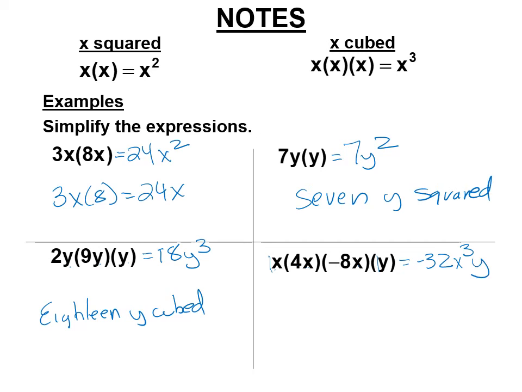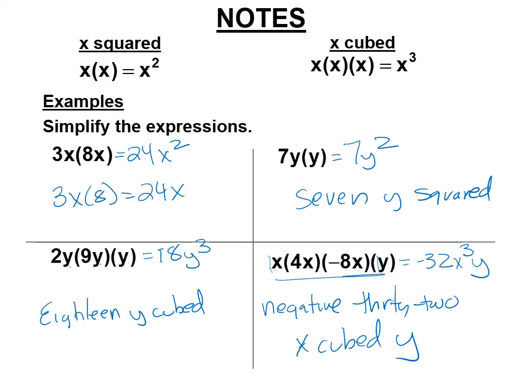And how you would say that is negative 32 x cubed y. And what that means is this has been simplified to negative 32 times x to the third power times whatever y is. Negative 32 x cubed y. That's the way you would say it.